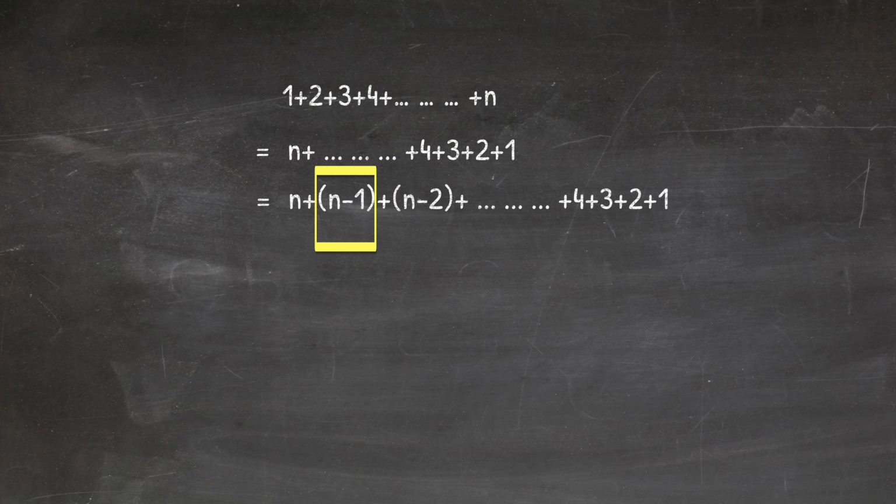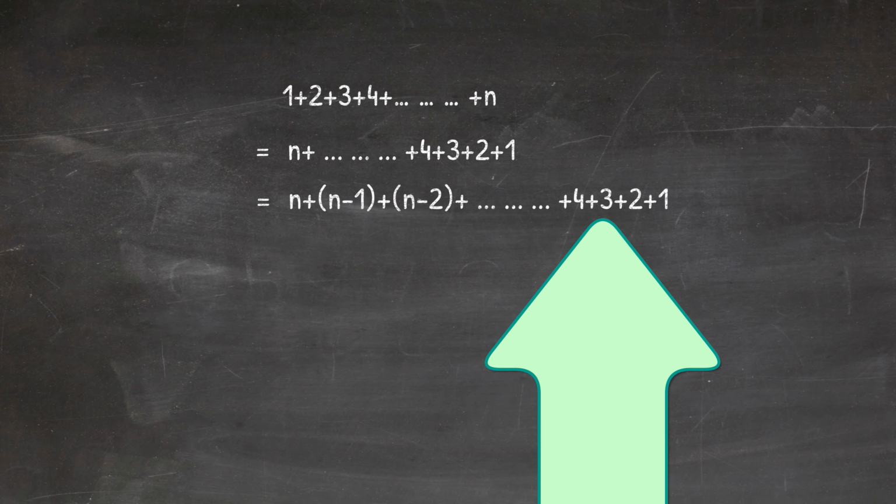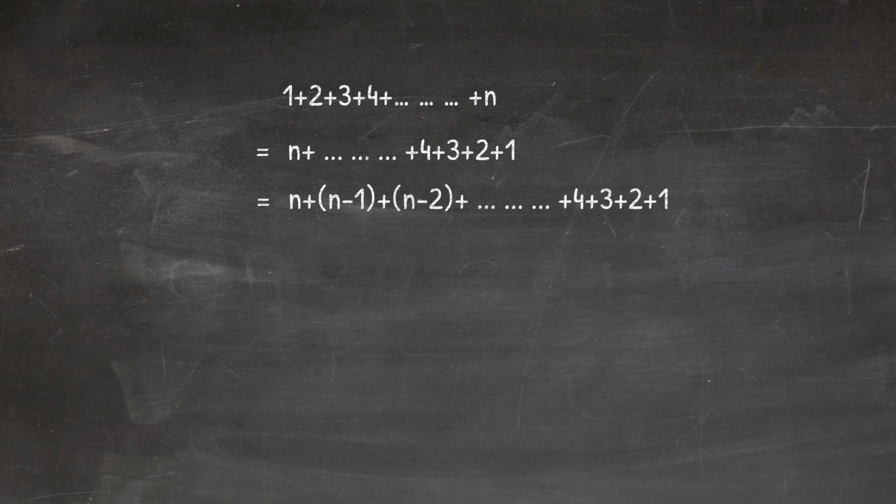Note that n is the largest number in this series. The next number is 1 less than n, which is n minus 1. The number after that is 2 less than n. Therefore, it is n minus 2, and so forth. Finally, the numbers added become smaller and smaller, such as 4, 3, 2, and 1.